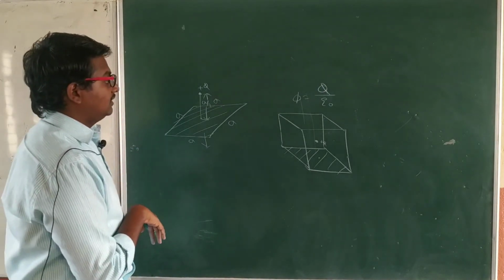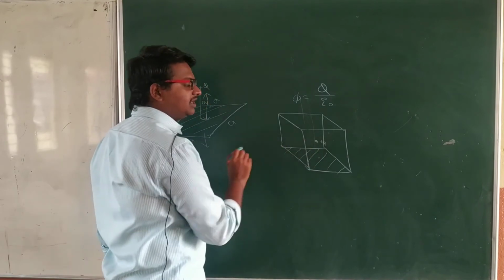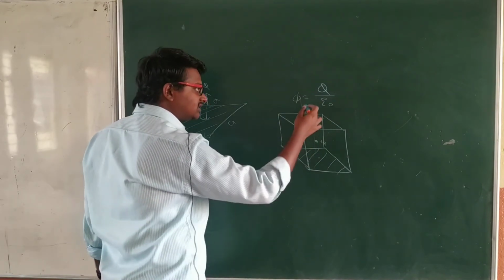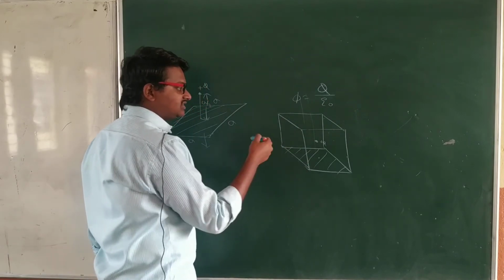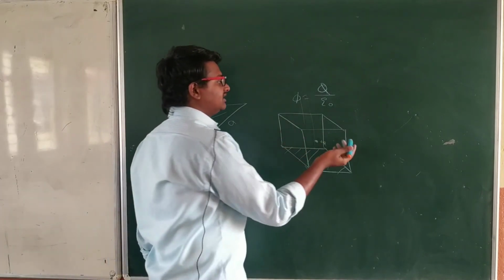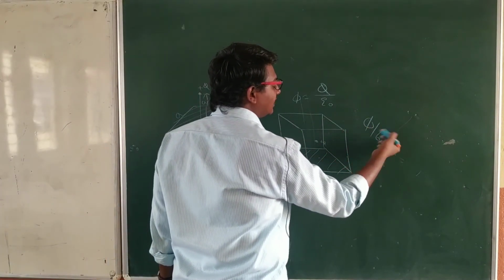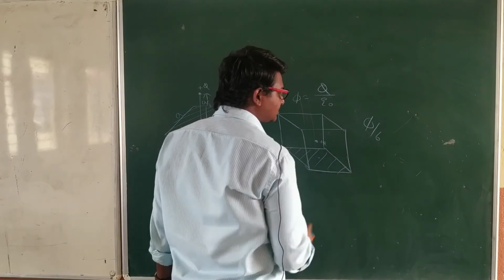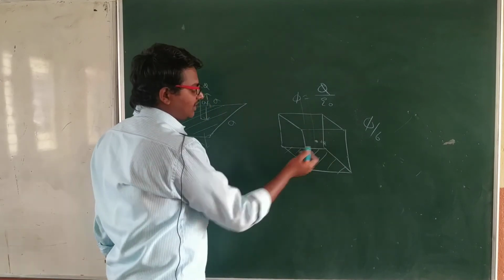All right. But as it is exactly placed at the center, due to symmetry, this flux is going to be shared by each face of the cube equally. How many faces are there? 6 are there. Then flux will be shared like this by each face, phi by 6, phi by 6, phi by 6, phi by 6, phi by 6, and the remaining phi by 6.